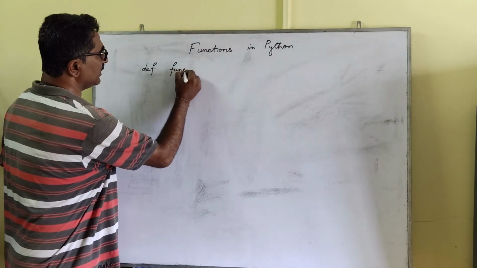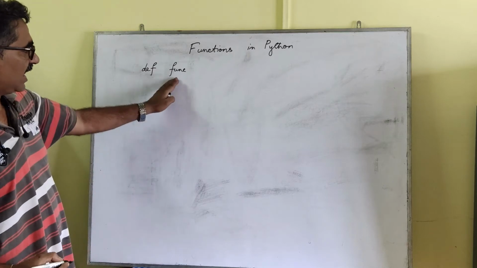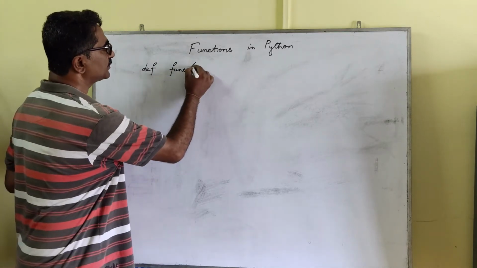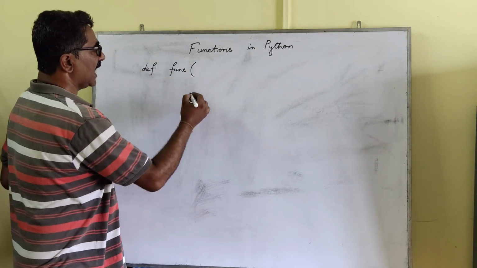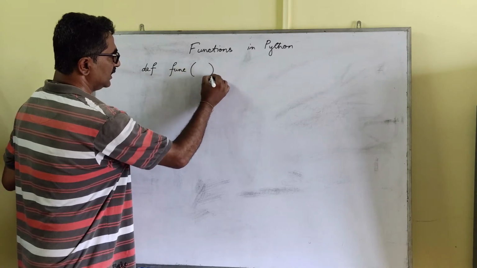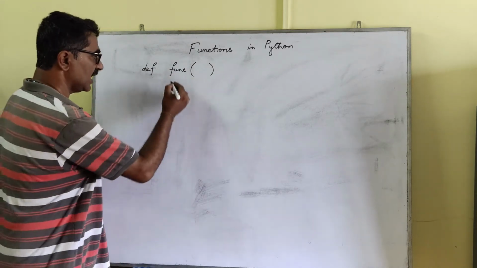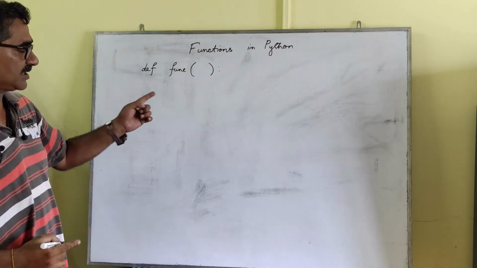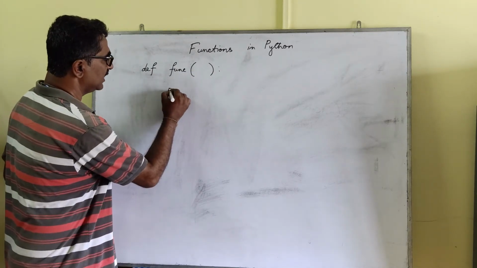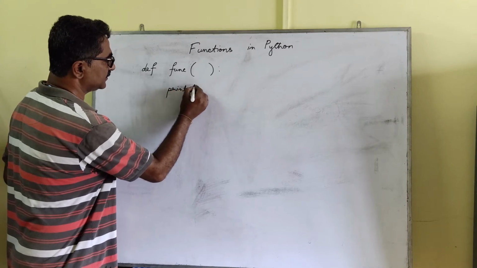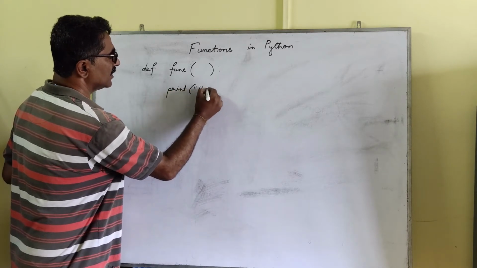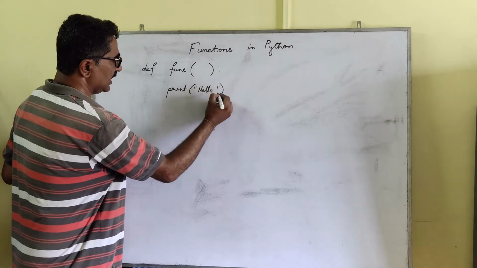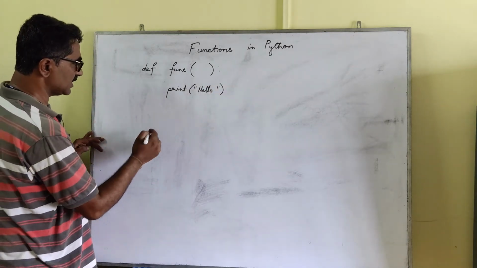Let me name the function func, and let's have a function without any parameter. I'll tell you the meaning of a parameter exactly. Here let me print a message, print hello. That's it, only this much.